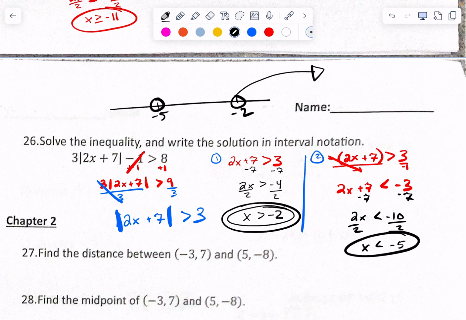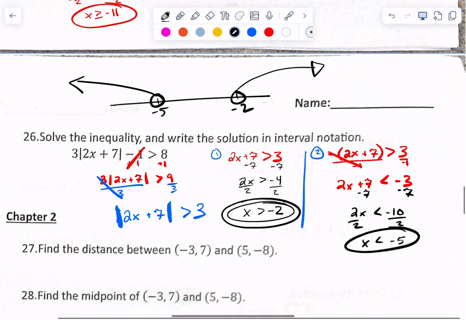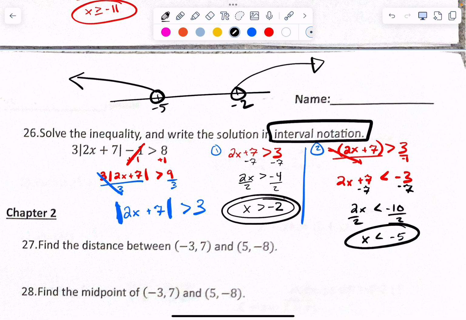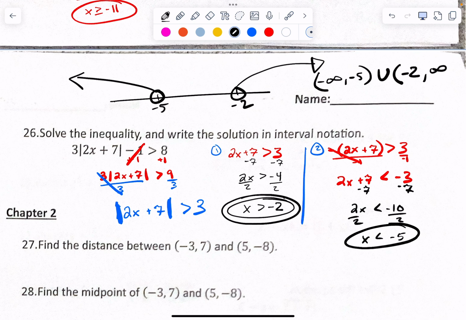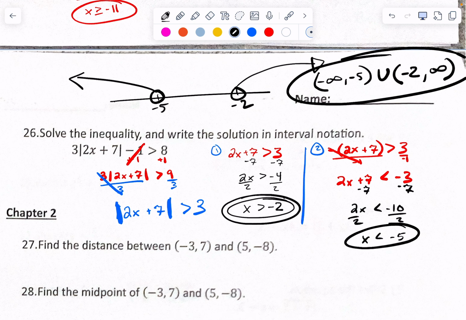They're going opposite directions. x is less than negative 5, so it's going to the left. So if I write this in interval notation like they ask for right here: negative infinity to negative 5, paren, paren, union, negative 2, paren, to infinity, paren. Correct. Parens because they're open circles, and infinities are always parens.